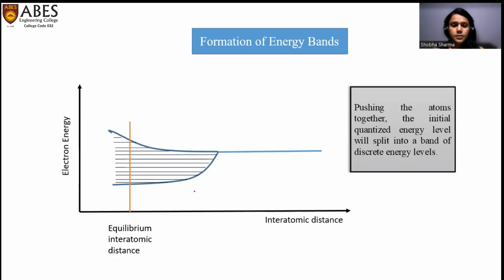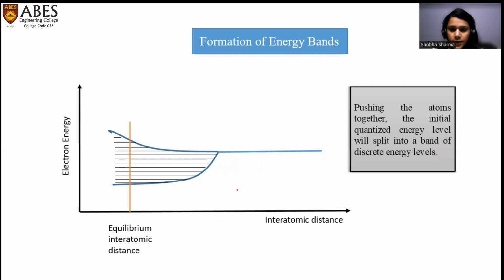This graphical representation will give you a clear understanding of energy bands. Initially, when the interatomic distance is larger, that means two or more atoms have sufficient distance between them, the corresponding electrons can have the same energy state.